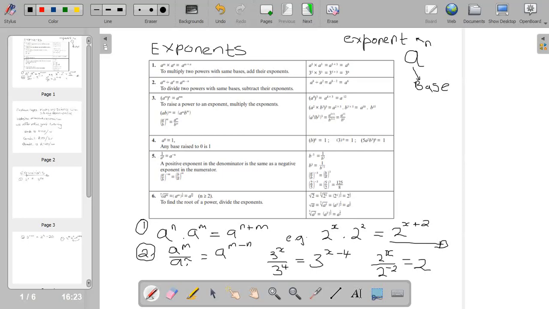We do this only if the bases are the same, and then the exponent of the numerator minus the exponent of the denominator. So we'll end up with something like this: 2 exponent x plus 2. So those are rules 1 and 2.